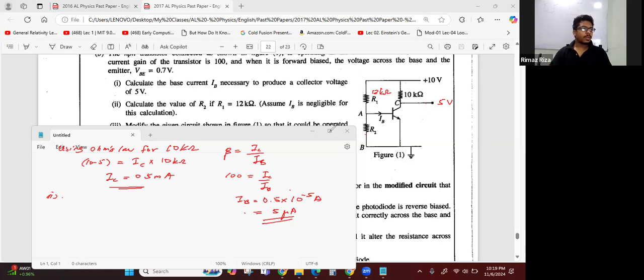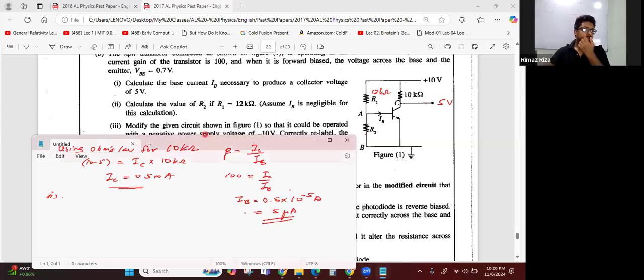Assume IB is negligible for this calculation. Calculate the value of R2. We want to find R2 and this R1. So here we can write this is 12 and this is 0.7 volt.